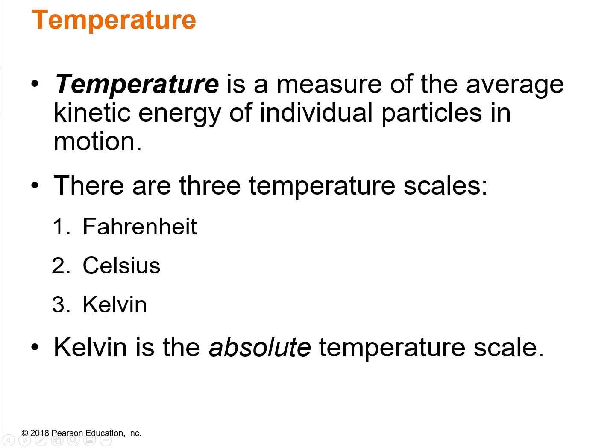The next concept we're going to cover is temperature, and this is something that you have likely already seen. Temperature is a measure of the average kinetic energy of individual particles in motion. So if you think about the air around you, that's a gas. It's got oxygen and nitrogen and a bunch of other stuff, and all those particles are moving around. It's wintertime.